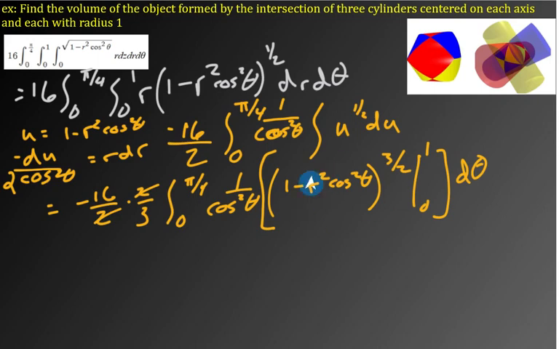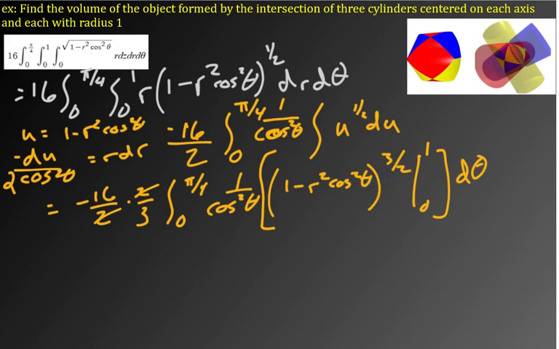All right, so if you look at this thing, fairly nice, right? If you evaluate it, you got 1 minus cosine squared theta to the 3/2, and then you'll have a minus 1 minus 0 to the 3/2. So basically you have 1 minus cosine squared theta to the 3/2 minus a 1, right?